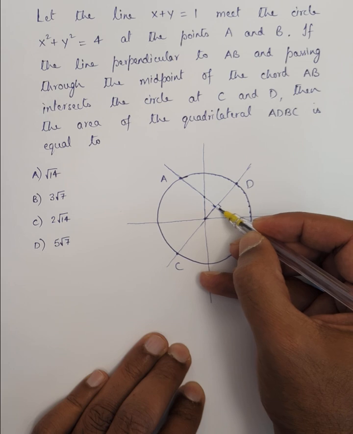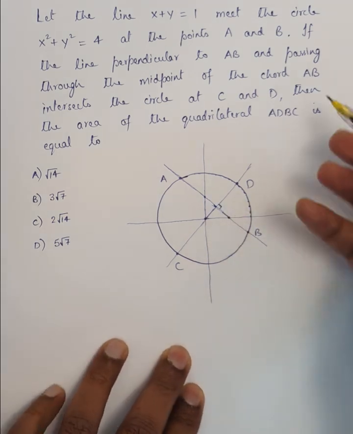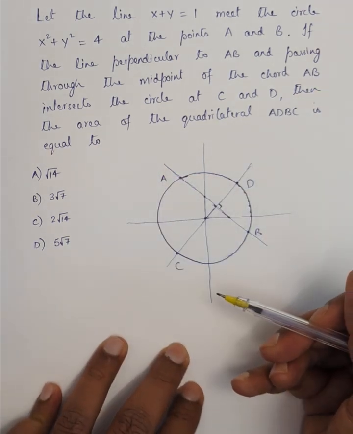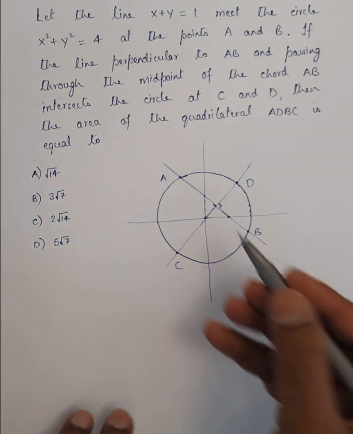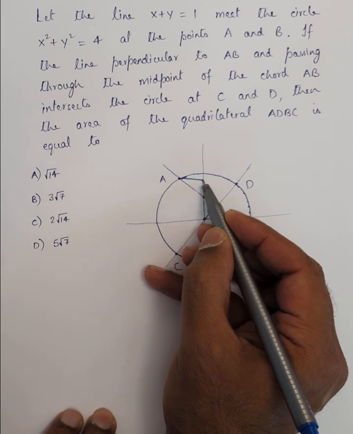This is perpendicular. Then the area of the quadrilateral ABCD is, so I'm interested in this area, ADBC.